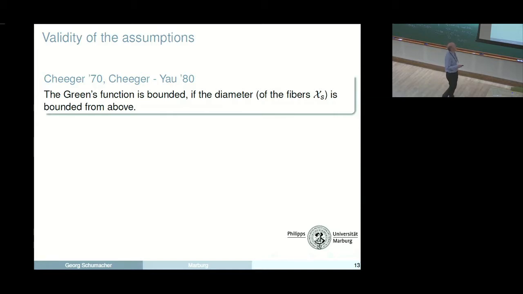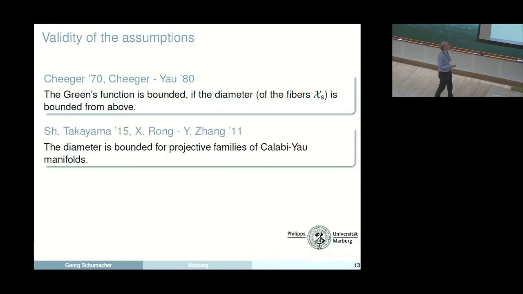But people have been working on this question, and here is an answer in the projective case for projective families of Calabi-Yau manifolds, meaning allowing for some degeneration. Takayama and Zhang found out that the diameter is actually bounded.